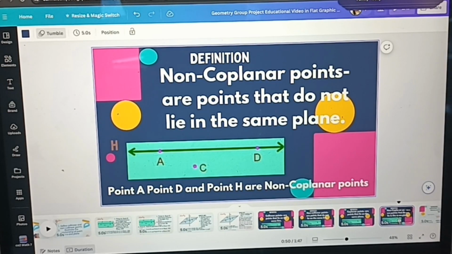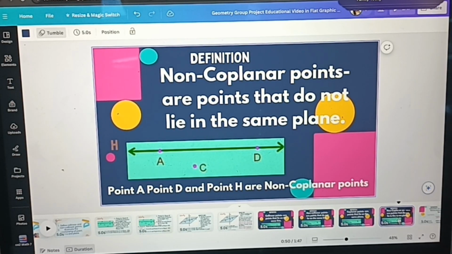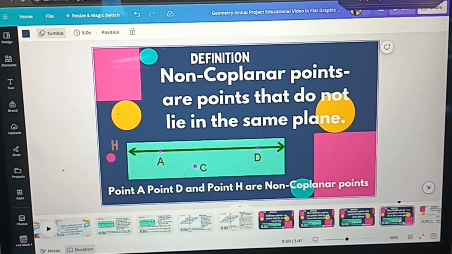Now, if you are going to talk about non-coplanar points, ibig sabihin, ito yung mga points na makikita natin sa loob ng ating plane at may isa pa tayong point na i-include doon sa labas. Or from one plane going to another plane. Kailangan natin pagsabayin sila. So, ibig sabihin that is non-coplanar points.